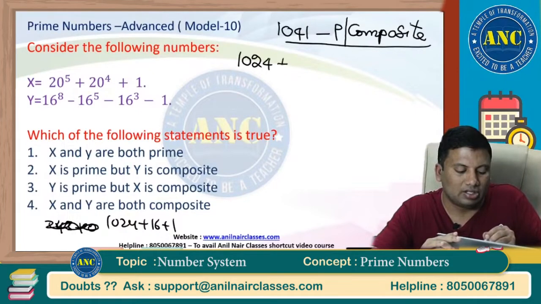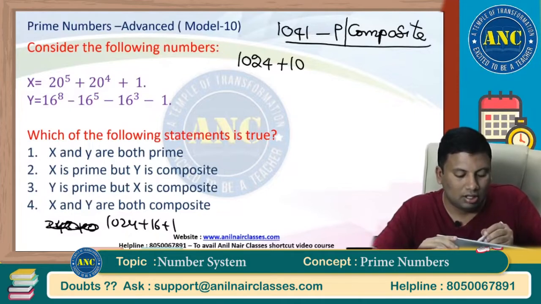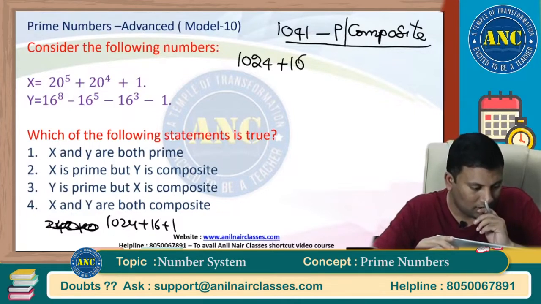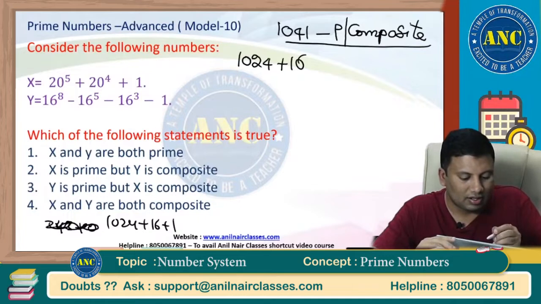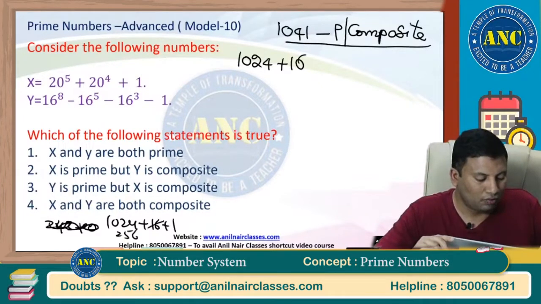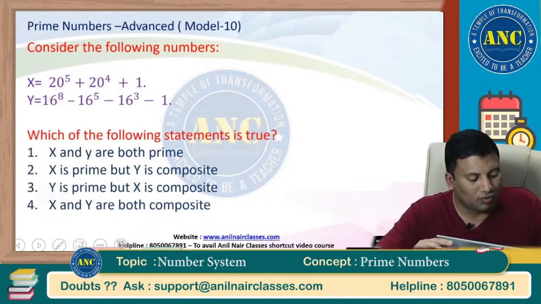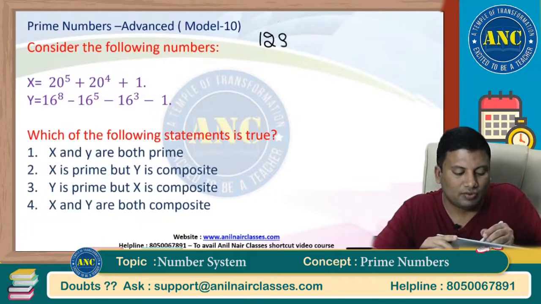It can be written as 1024 plus 16. One minute, sir. What I'll do is, for example, 4 power 4 is 256. 256 plus 1. Let us take 1281. I'll tell you what I am trying to tell you. Is 1281 prime or composite?